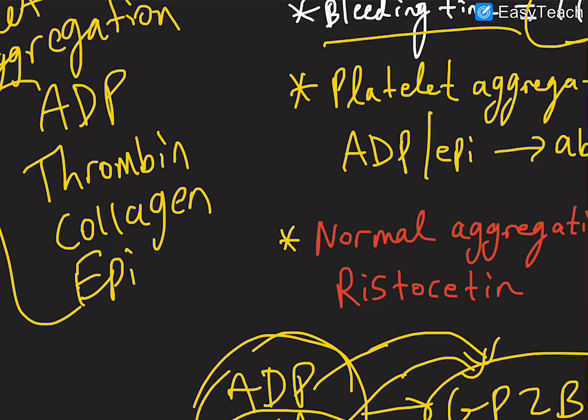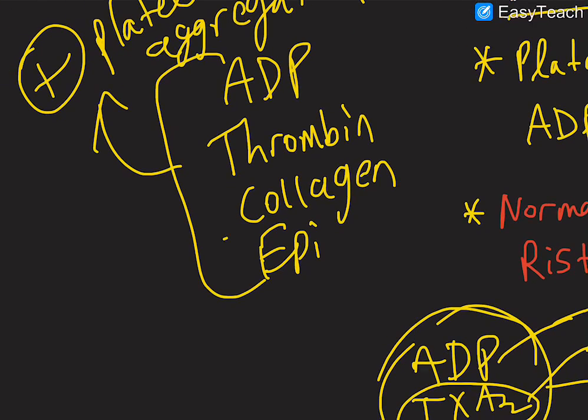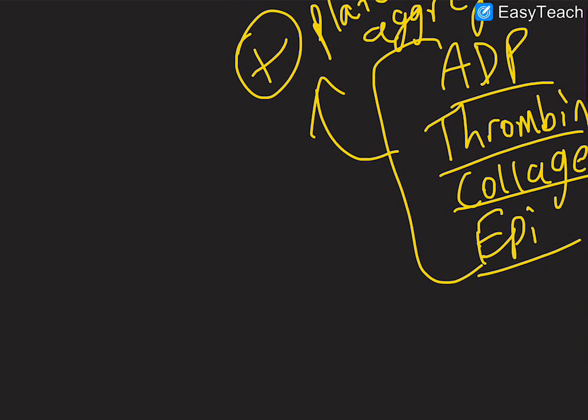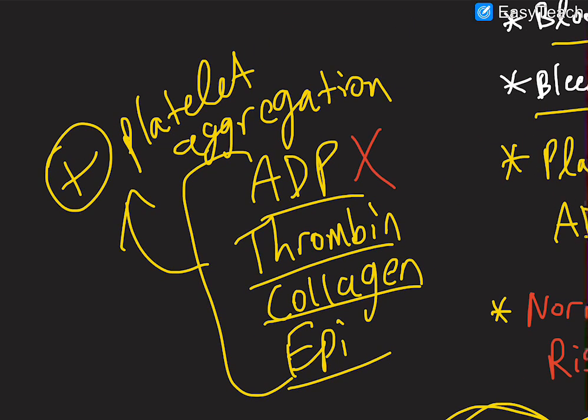For example, if you were to do a platelet aggregation study and put ADP, thrombin, collagen, epinephrine into the plasma of patients that have Glanzmann thrombasthenia, you would see no aggregation when you put ADP, no aggregation if you put thrombin, no platelet aggregation if you put collagen, and no platelet aggregation if you put epinephrine.